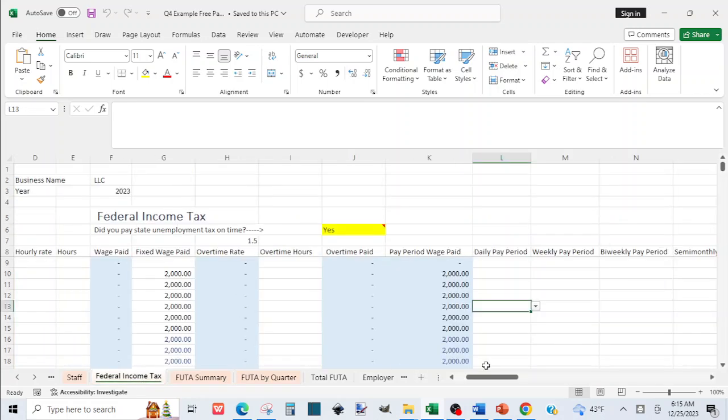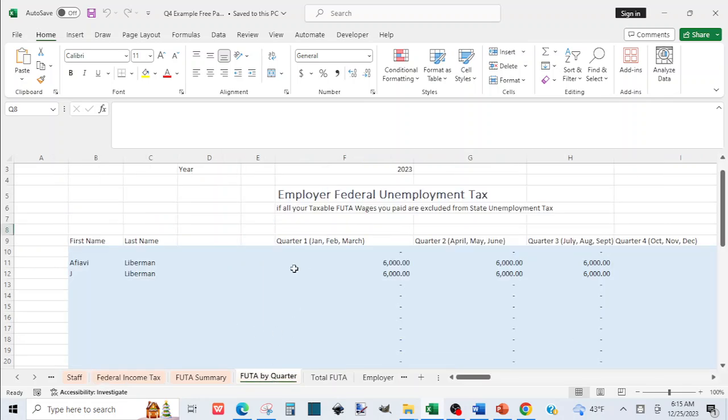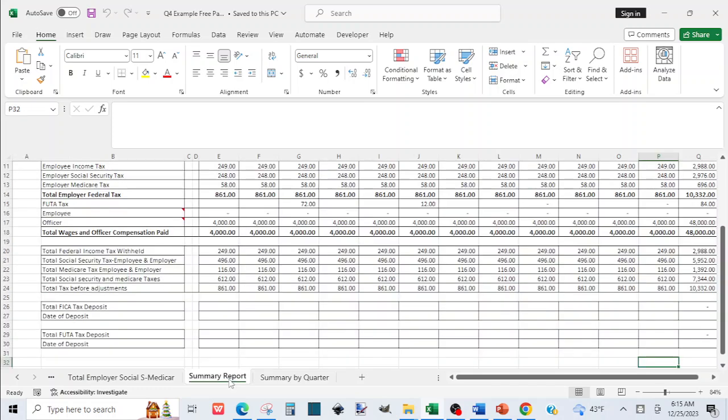Let's see the data that we have. You enter the data under federal income tax, and we have the total, but we are going to go to the summary tab to pull the report.